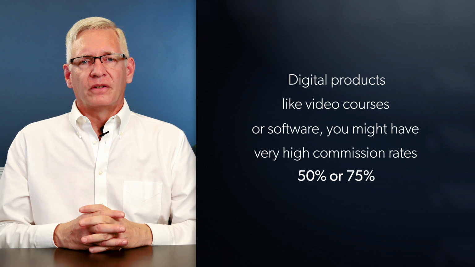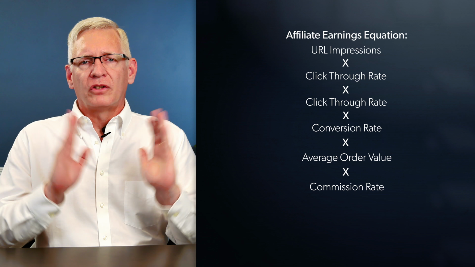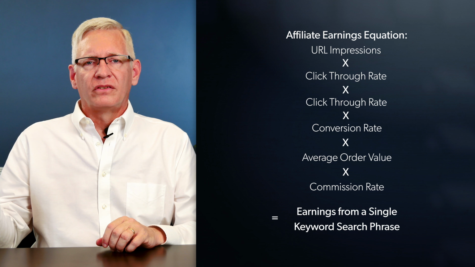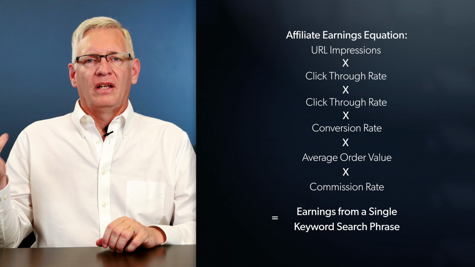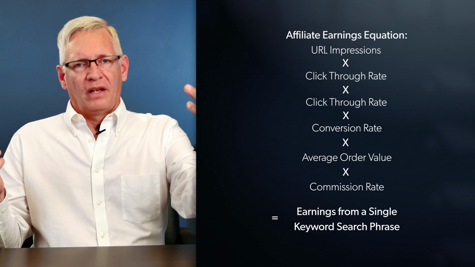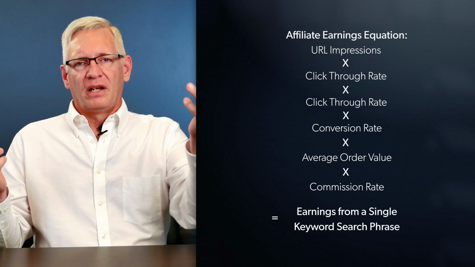So that's the final element in the equation, and when you multiply all of those factors together, you end up with earnings, the amount that comes from the keyword with however many impressions there were at the beginning of the equation.